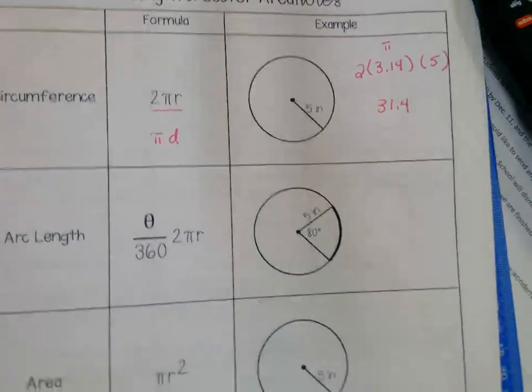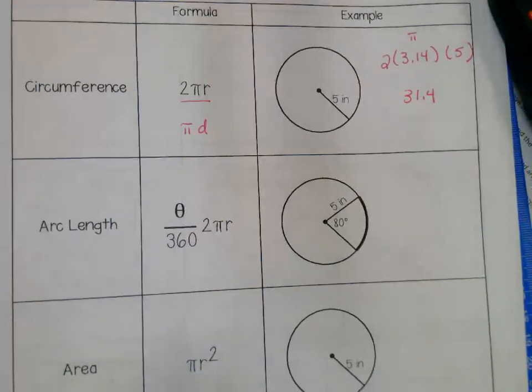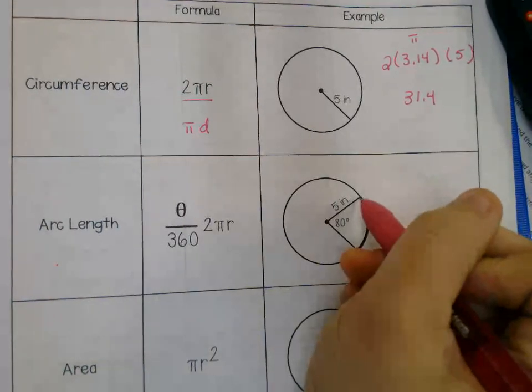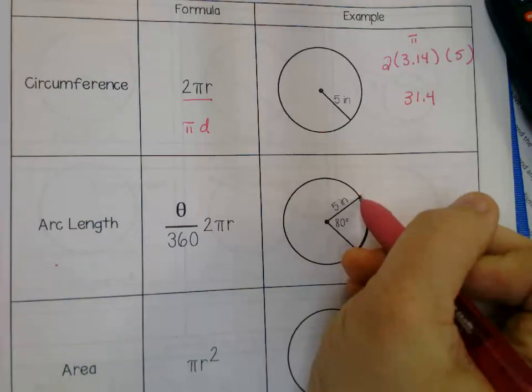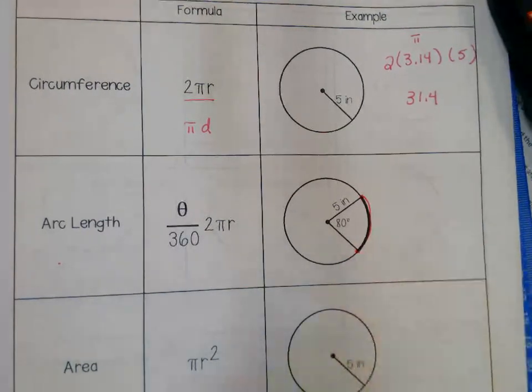Okay, now the next thing ties to circumference, which we did earlier this year. We've already done circumference before. It is arc length. The arc length is how long is one section of the circle. So what we're looking for here is what's the length of this little section right here. There's a formula for that.